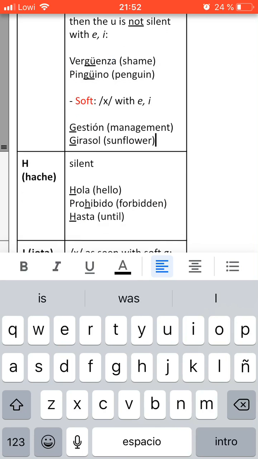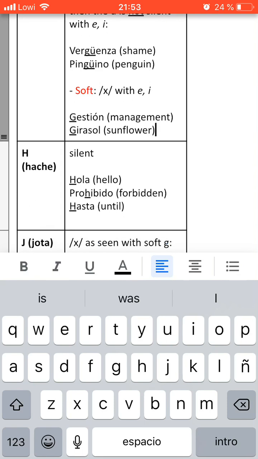Now we have the letter H, okay, which in Spanish is called hache, and this letter is so simple because it's basically silent.